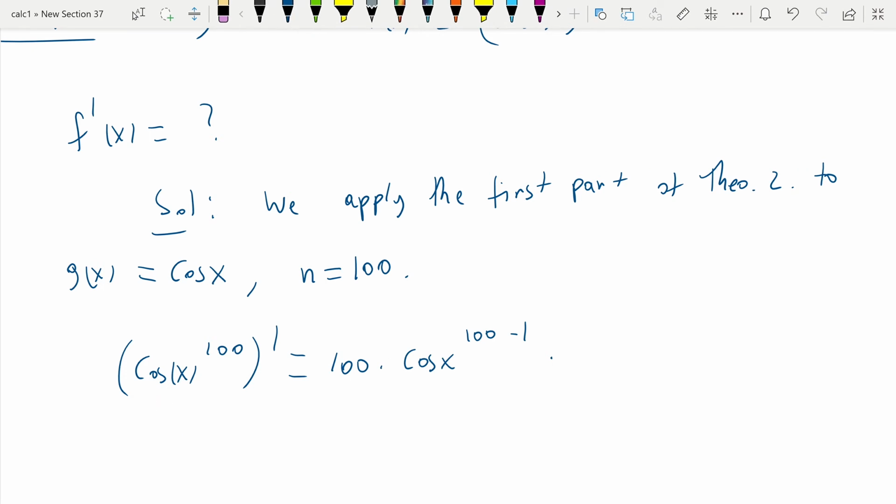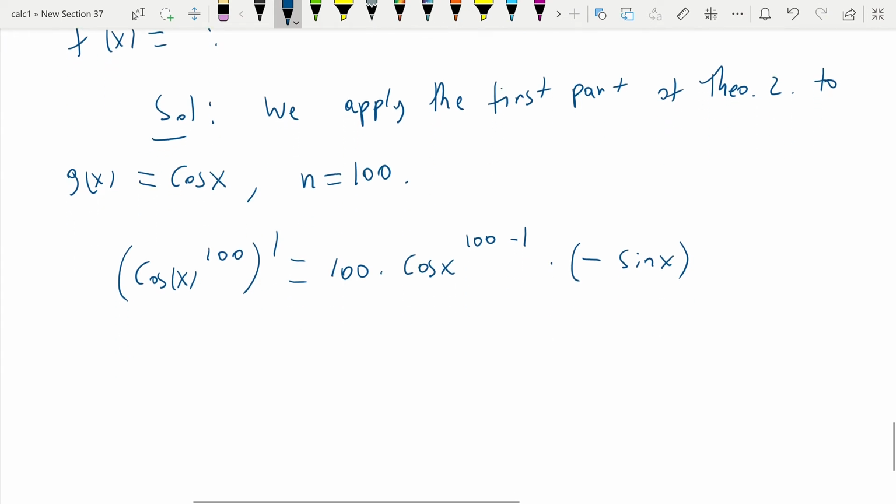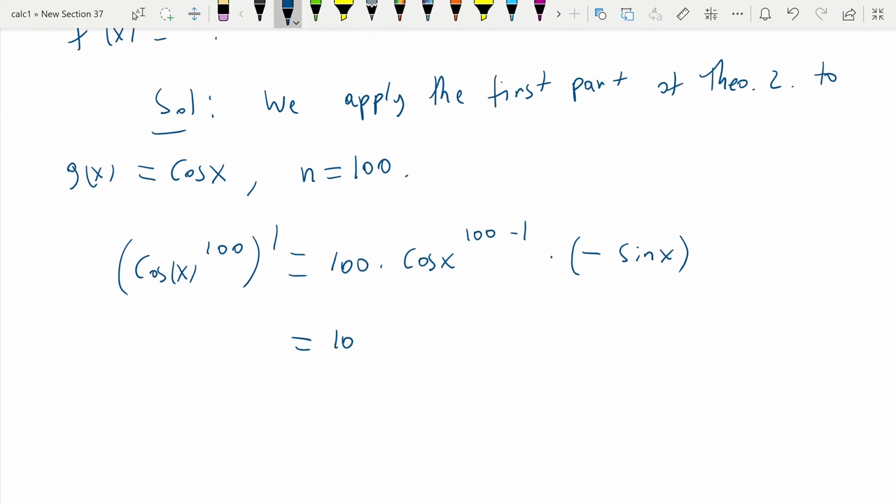What is the derivative of cosine of x, do you remember? It is equal to minus sine of x. We covered that last week. So this is equal to 100 times cosine of x to the 99 power times minus sine of x.